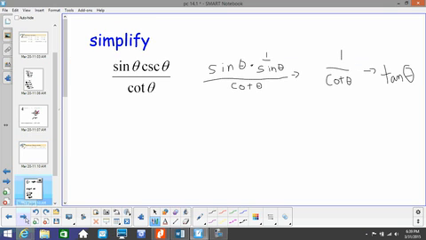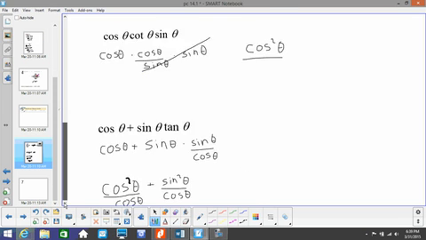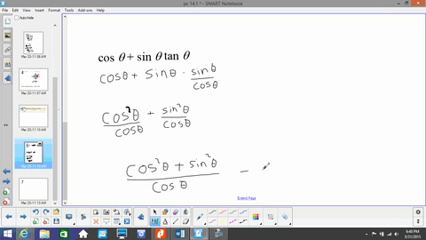So what I really have is 1 over cosine, and from our reciprocal identities, we know that 1 over cosine is secant. So once we simplify everything, that should be our final answer. I hope you enjoyed.